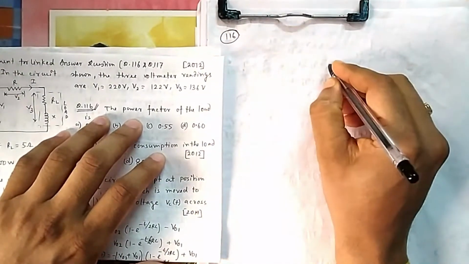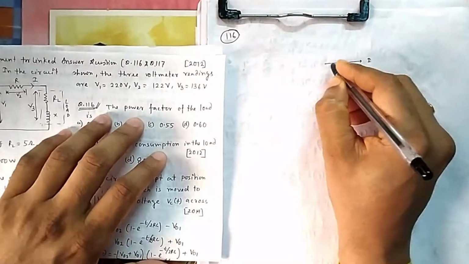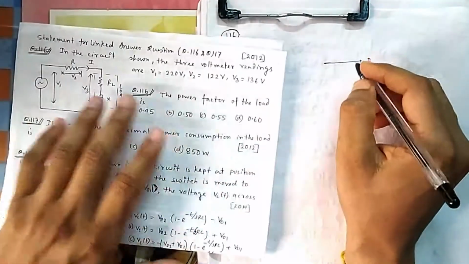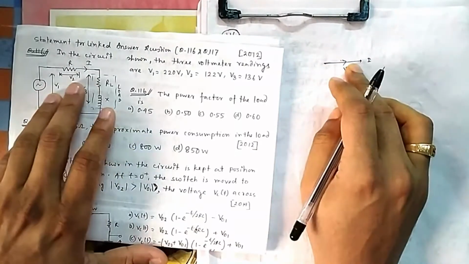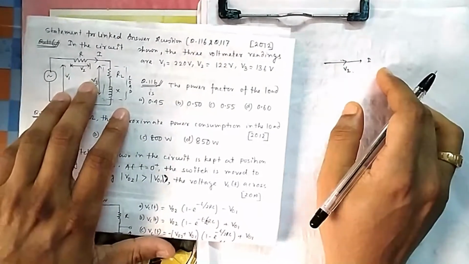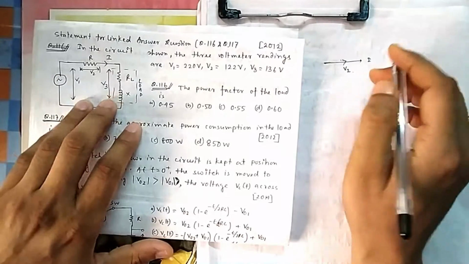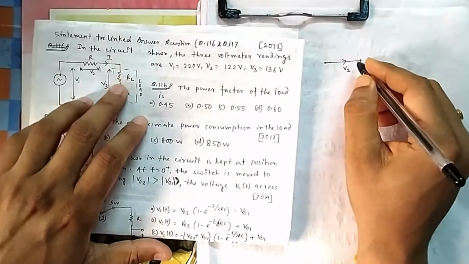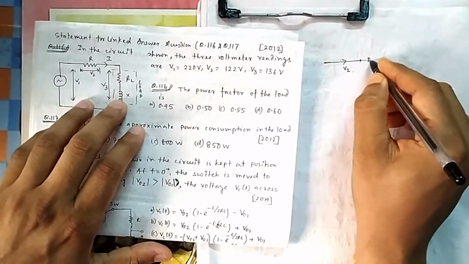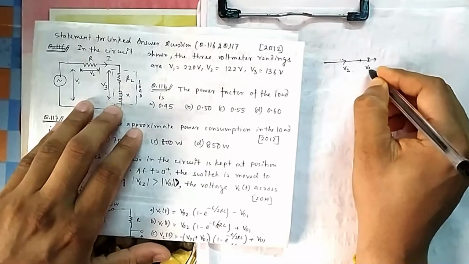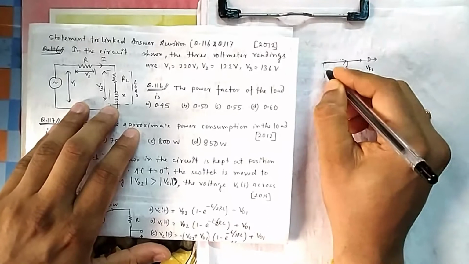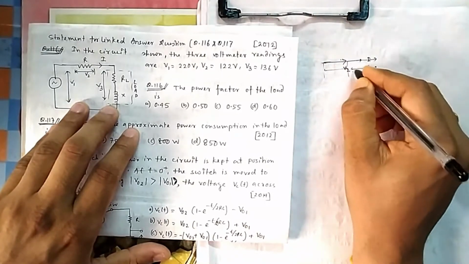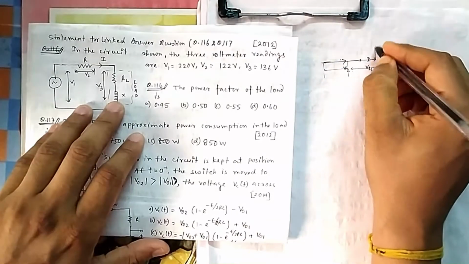So if I take current as the reference, your V2 will be in this line only. Suppose this is my V2, up to this much, and this was my I. Then here there will be one resistance load, this drop, plus X. So this drop, somewhere here, suppose I write VRL. From here to here it is V2, from here to here it is VRL, and then this Vx of the load.